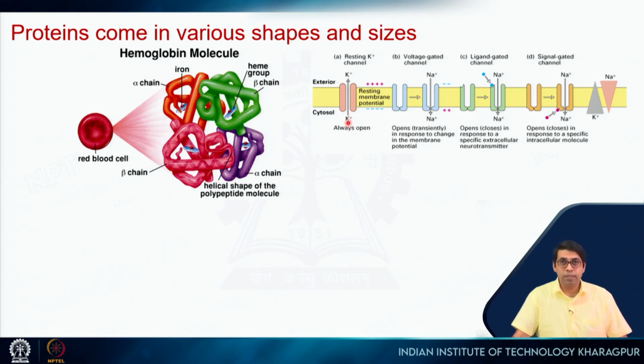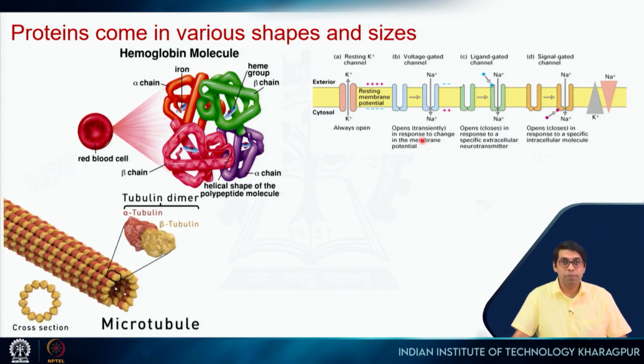You can see there is an ion channel for potassium, there is an ion channel which lets sodium go through, and then there are also ion channels for calcium and other ions, chloride ions, etc. And these ion channels are very specific. For example, the ion channel which allows sodium to pass through will not allow potassium to pass through it. We will see that this is all because of proteins, which can have very specific shapes and very specific functions.